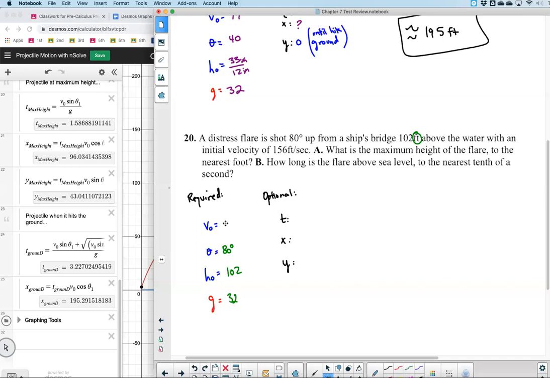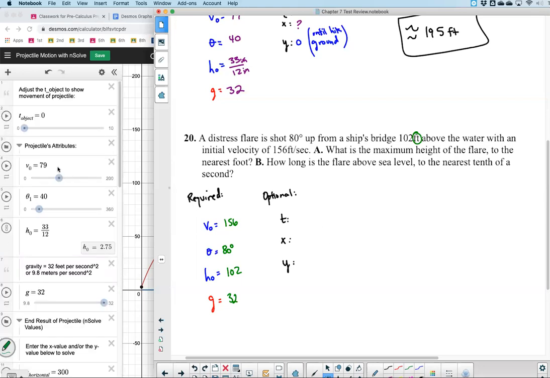An initial velocity of 156 feet per second. So we want to know what's the maximum height and how long is the flare above sea level. So for part A, we want to know the maximum. Part B, when it hits the ground or at sea level, which is like the ground, but water.